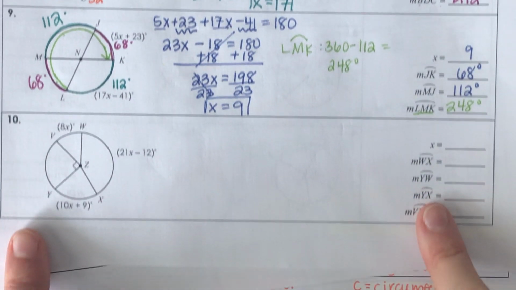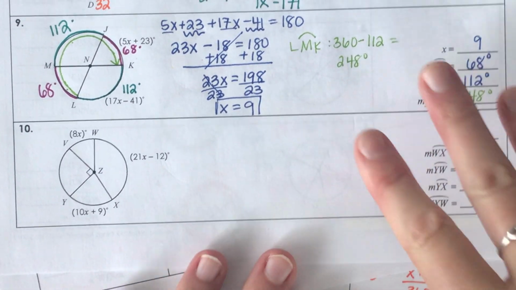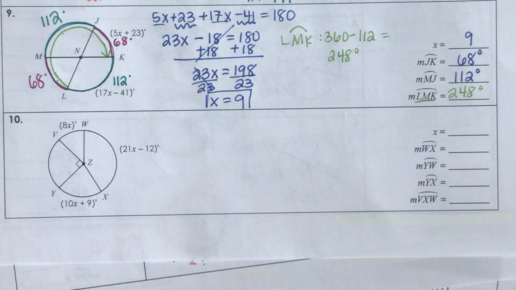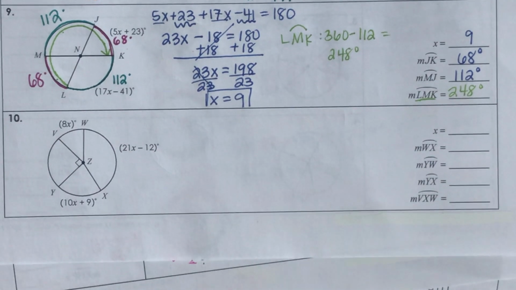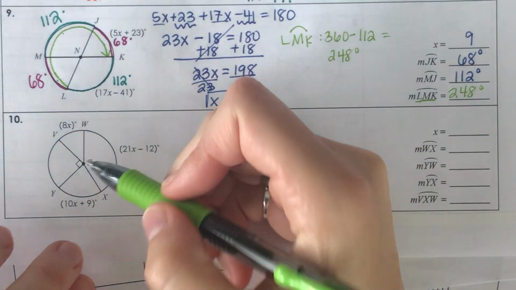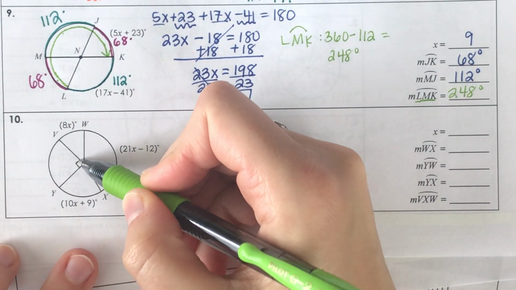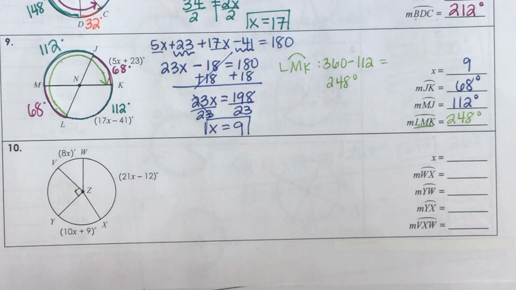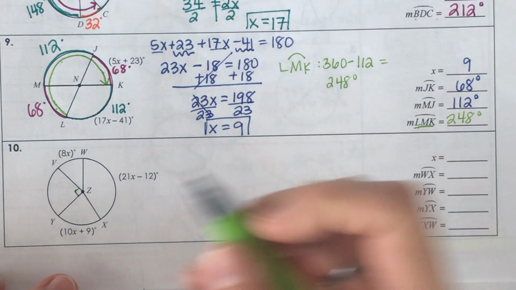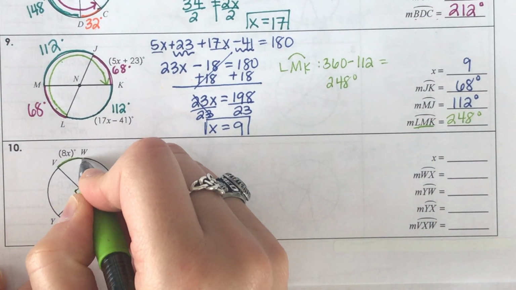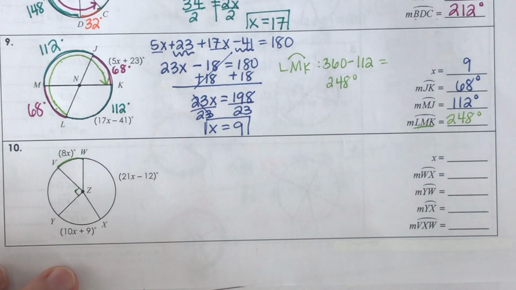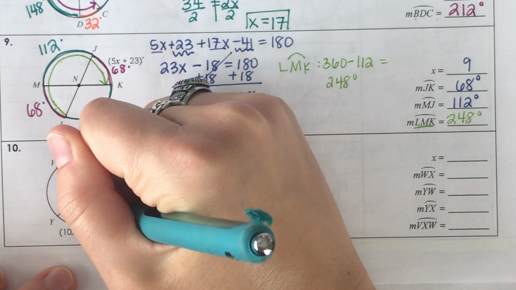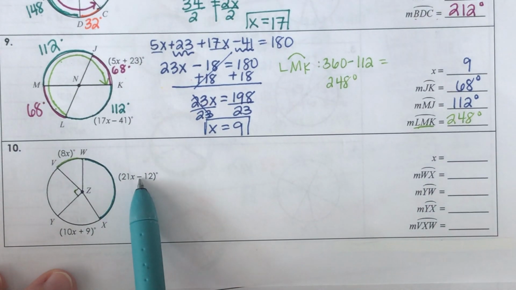Okay, last question. All right, so I'm going to mark some things that I see. I know that there's a 90-degree angle right here. I also am given that this arc is 8x. This arc is 21x minus 12.